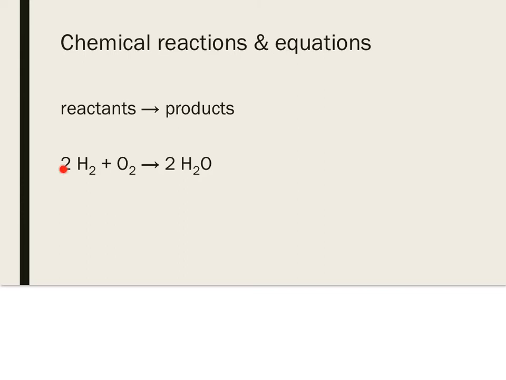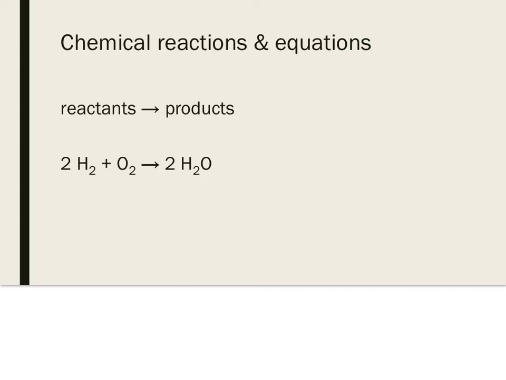Remember, the 2 in front of it is how many molecules. So the 2 in front of the H2 indicates that there are 2 molecules of hydrogen gas. The 2 that follows the H indicates that there are 2 atoms of hydrogen in each hydrogen molecule.